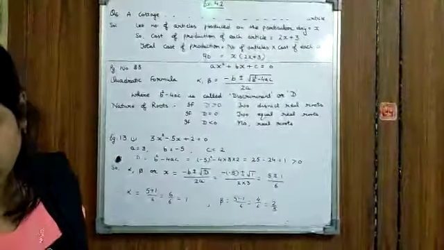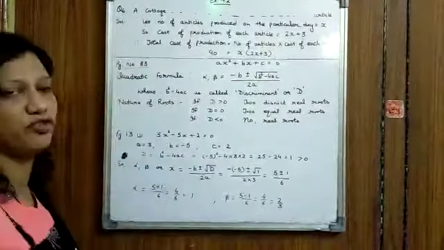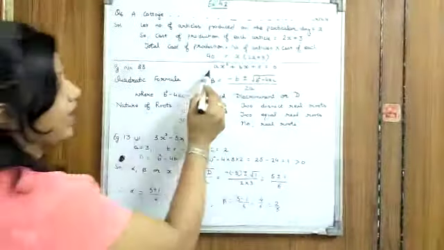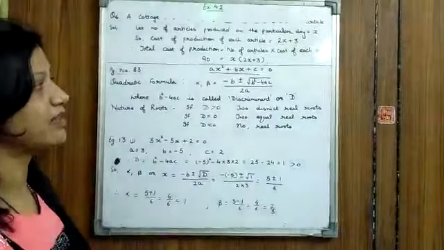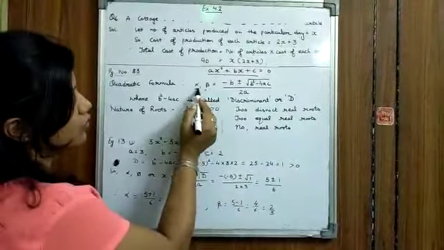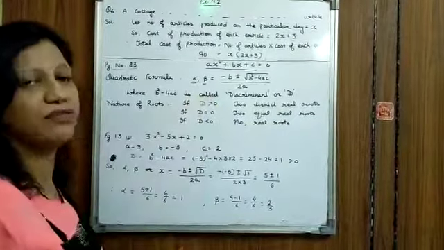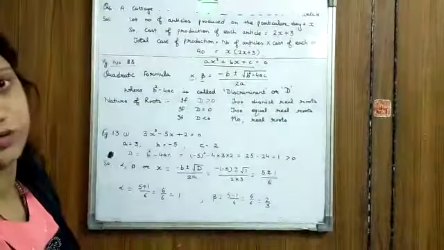Quadratic formula. What is this formula? It's given in your book on page number 83. You can open it. As your standard quadratic equation is ax square plus bx plus c, to find the roots we are considering alpha and beta. Alpha and beta are simply the names of the roots.